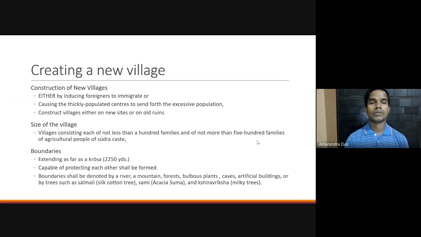The boundaries shall be denoted by a river, mountains, forest, bulbous plants, caves, artificial buildings, or trees such as salmali or sami, the silk cotton tree, or acacia, or milky trees. So the village boundary is defined by forests, mountains, rivers, artificial buildings and trees.